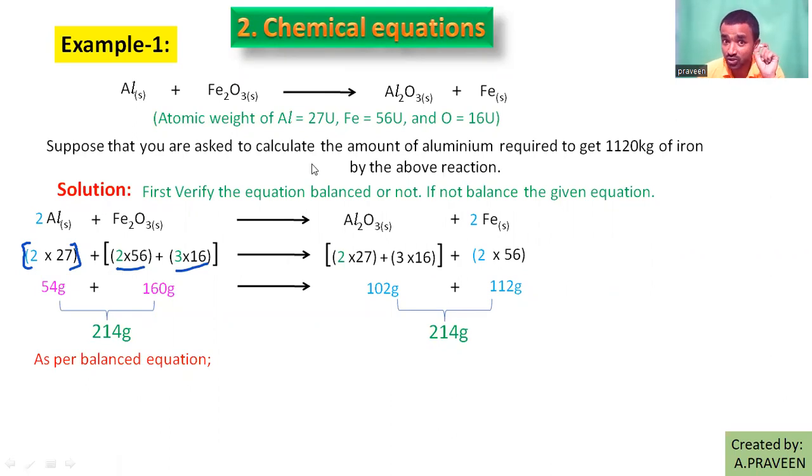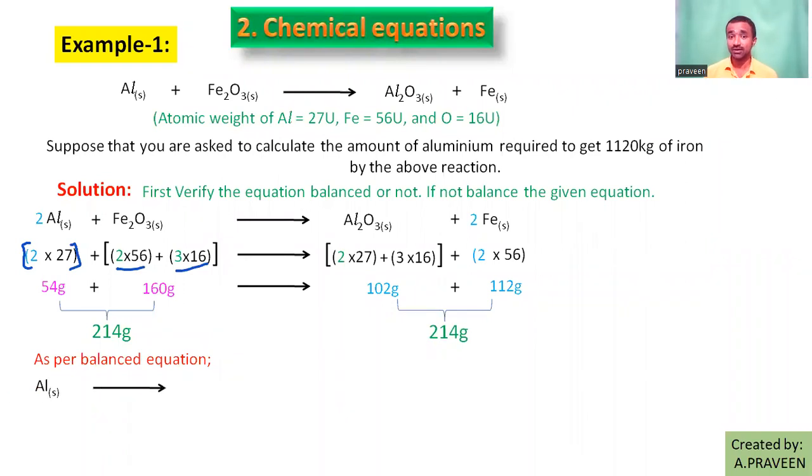Suppose you are asked to calculate the amount of aluminium required. Is it a reactant or the product? Required, reactant or product? Reactant, so we can write it on the left side. So I am writing aluminium on the left side.